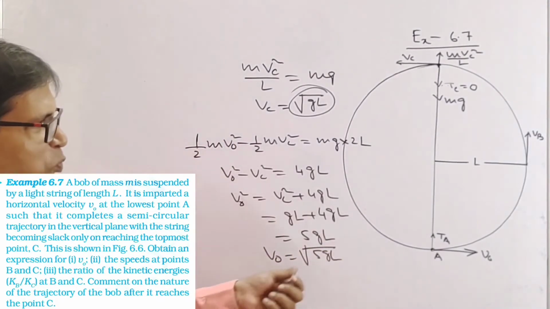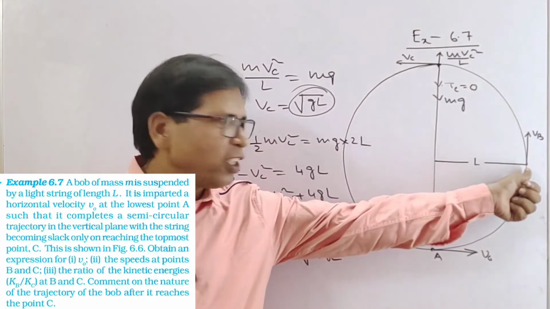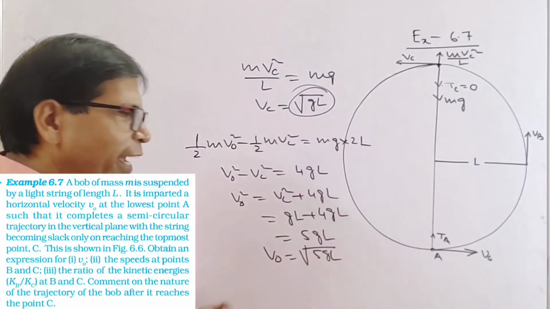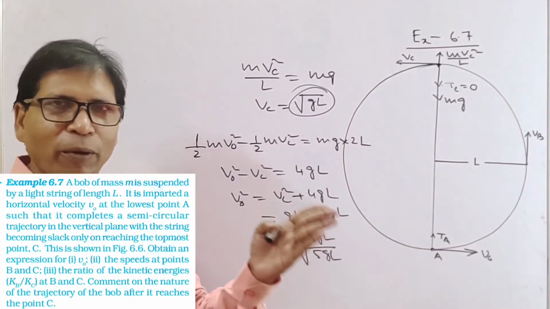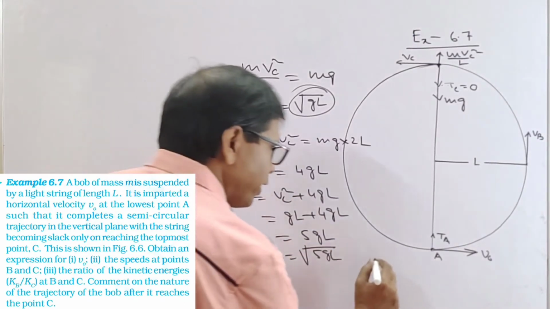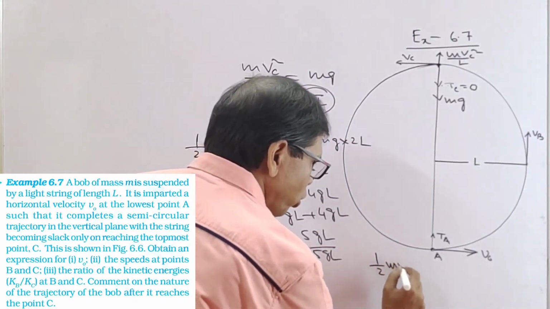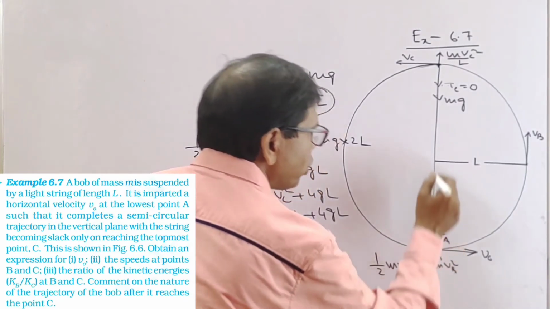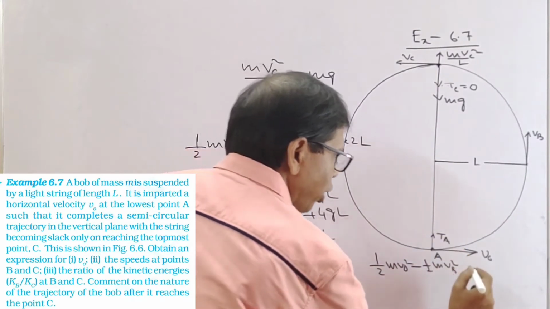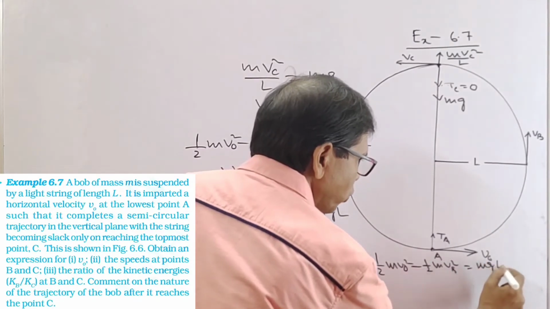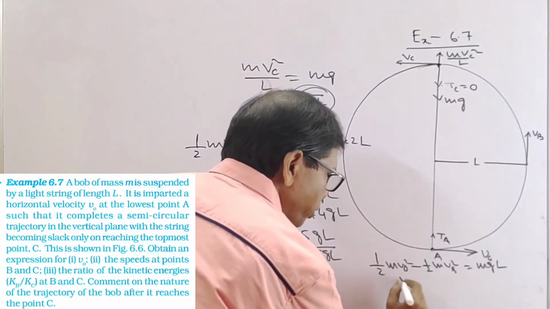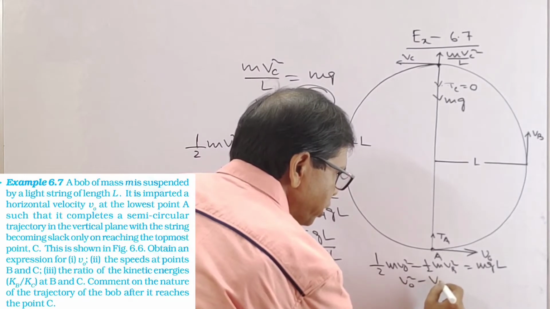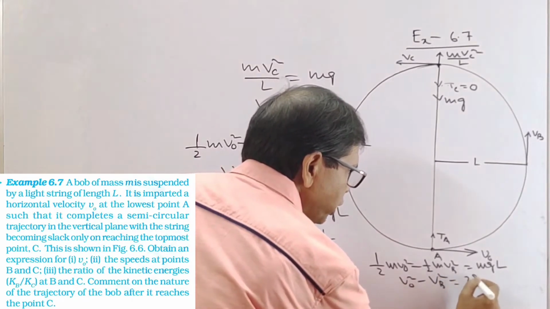Okay, now we have to calculate the velocity Vb. Again applying the conservation of mechanical energy, half m v naught square minus half m Vb square equals mg into L, since the distance between A and B is L. So here v naught square minus Vb square is 2gL.